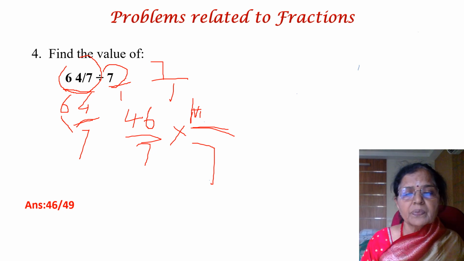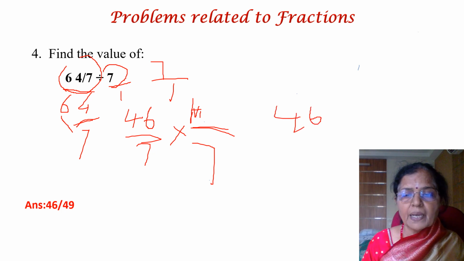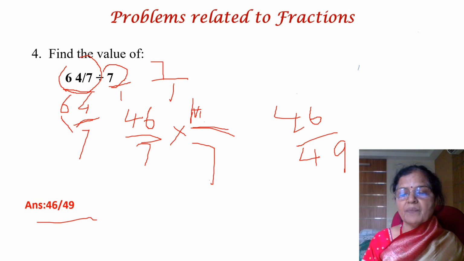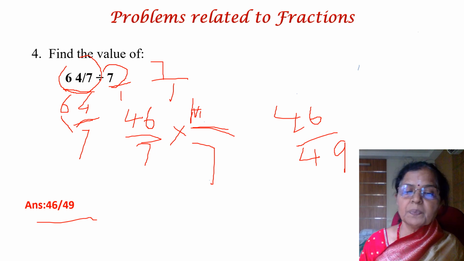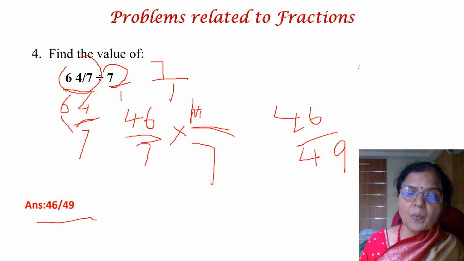So now it is 46 divided by 7 into 7, 49. So this is the answer. So that is the point. Always in division, you have to reverse it. Got it? If it is a mixed fraction, you have to convert it into a simple fraction by multiplying the denominator with the integer, then adding the numerator, then putting the denominator.